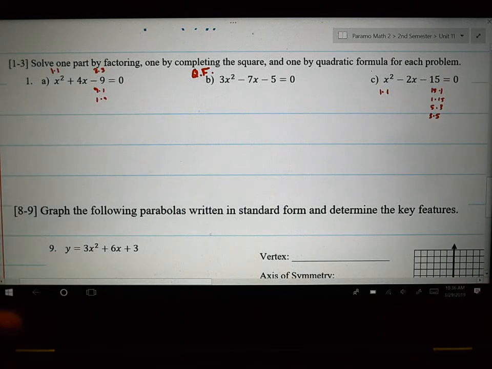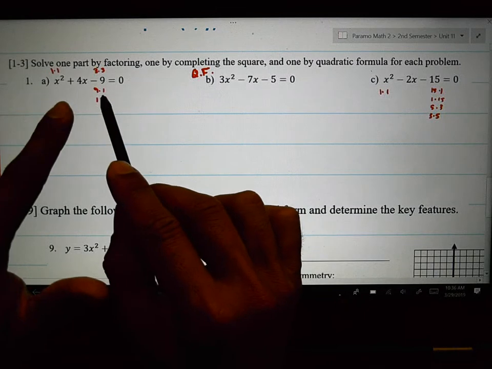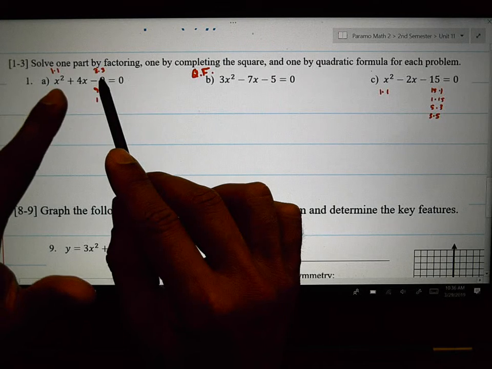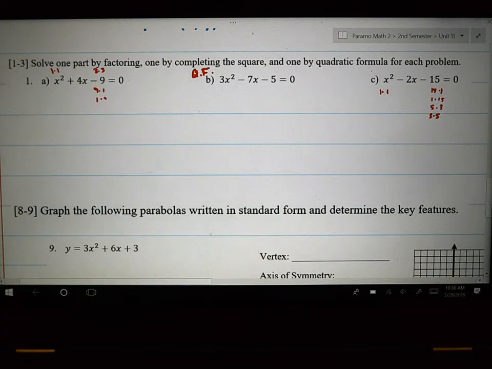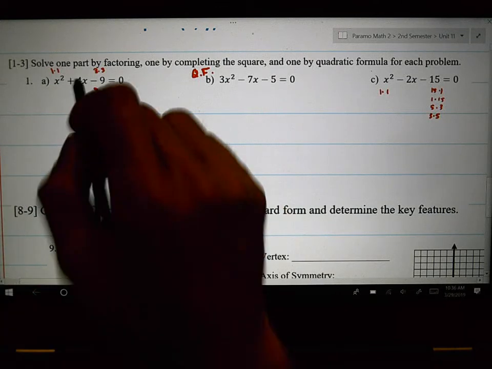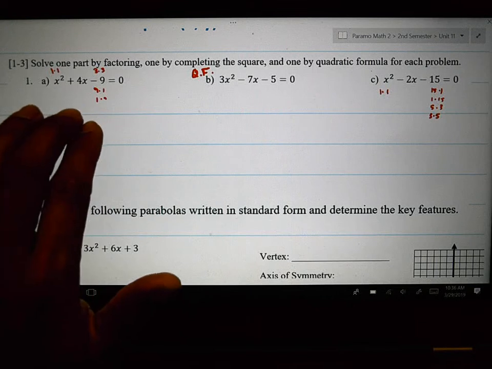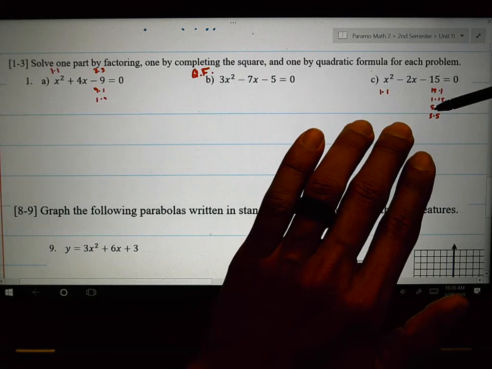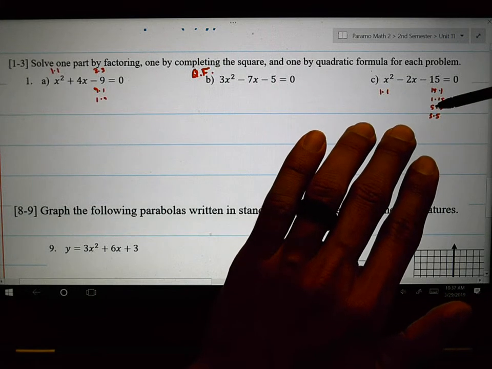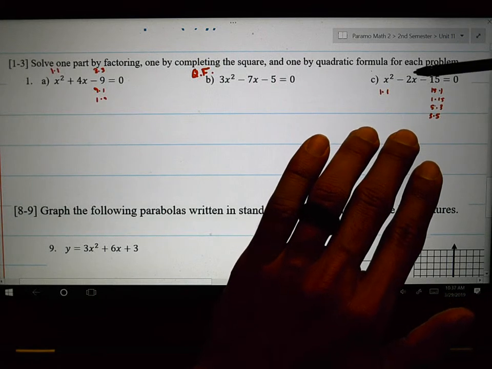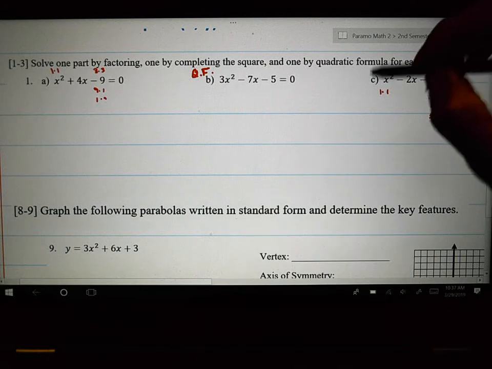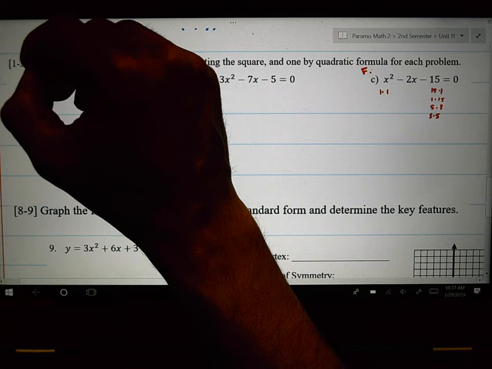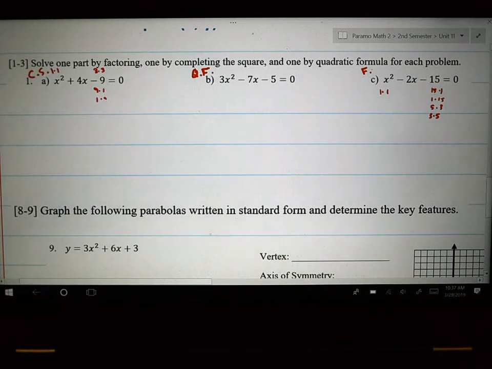So if I'm thinking about factoring, I'm going 1 times 9, 1 times 1, that's not going to make a 4. 1 times 3, 1 times 3 is 3 and 3. That makes 6, does not make 4. This one's probably not going to factor. If I go over here, 1 times 5 and 1 times 3, 5 take away 3 is 2, I might be able to factor this one. So this is what I'm doing: I'm going to factor this one, and I'm going to complete the square on that one.